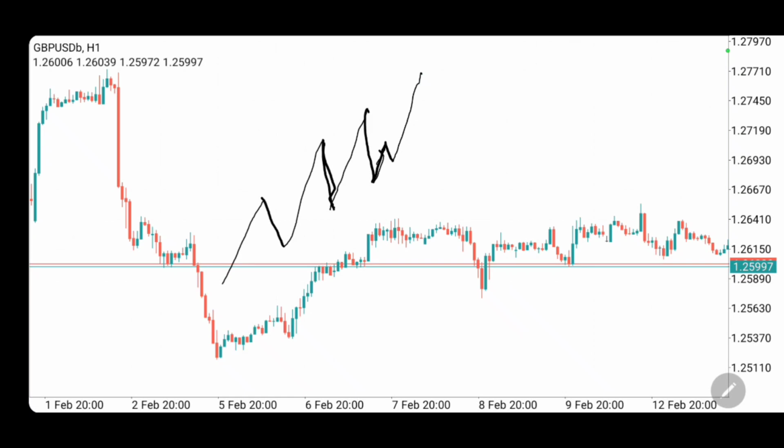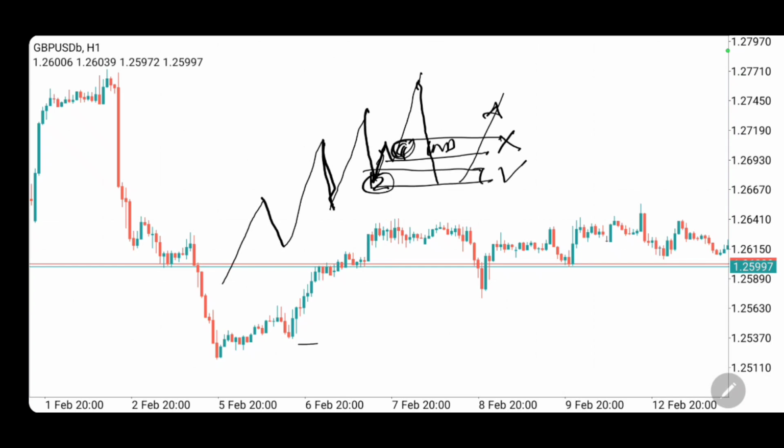This is zone 1 and this is zone 2. Some retail traders will aim to take trades from zone 1, but most times this zone is an inducement zone. The market will come, sweep this zone, and mitigate zone 2. Zone 1 will be swept.